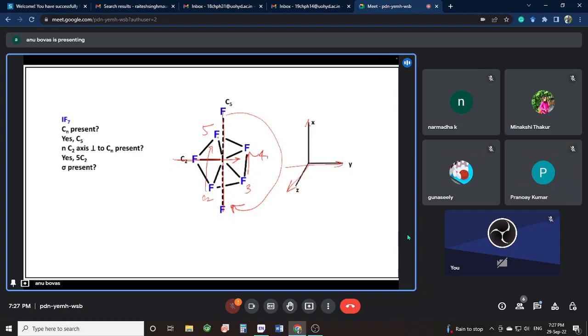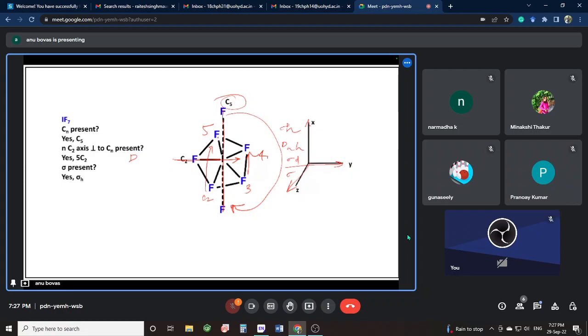So the first letter is D. Now the next question is whether sigma is present or not. How will we see? If sigma h is present, it will be Dnh, or sigma d, based on that. In this case, this is the principal axis along the x-axis, so we have to find whether sigma is present along the x-axis, y-axis, and so on.